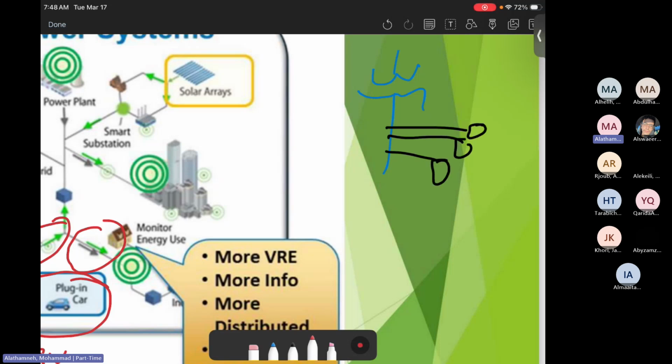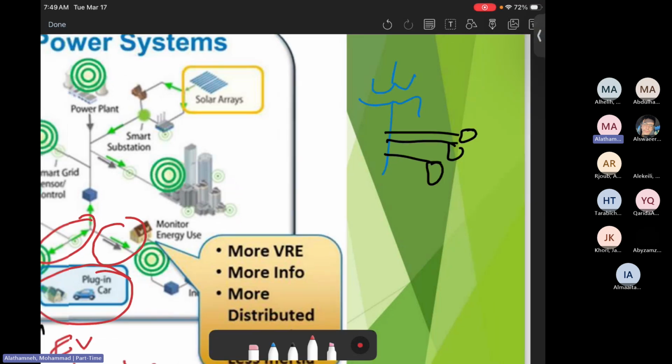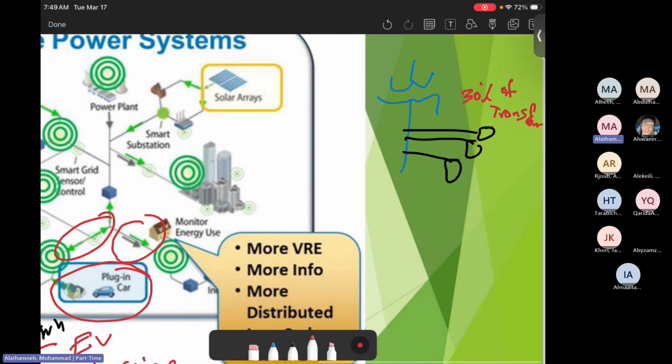They need to make sure the renewable energy will not exceed 30% of transformer capacity. Why? Because we don't want the power to go back from the distribution transformer to the grid. So we want this distribution transformer to work only as unidirectional.